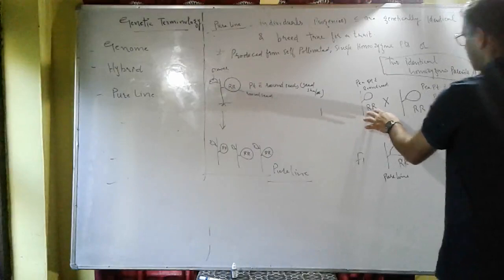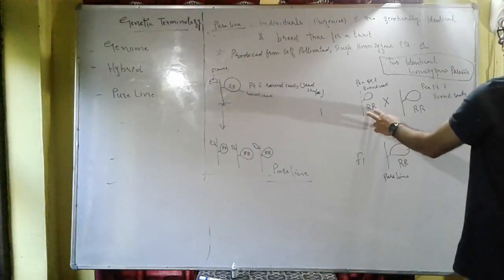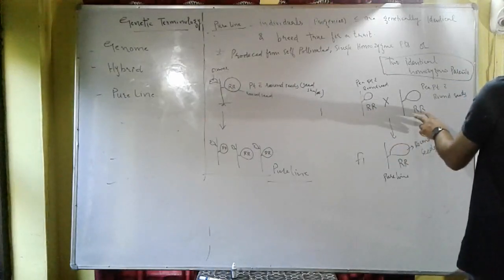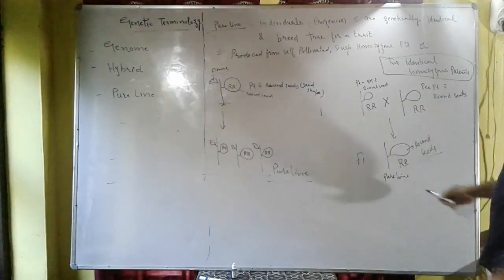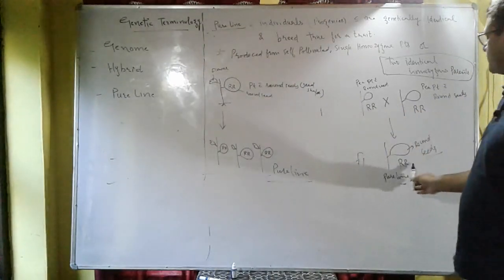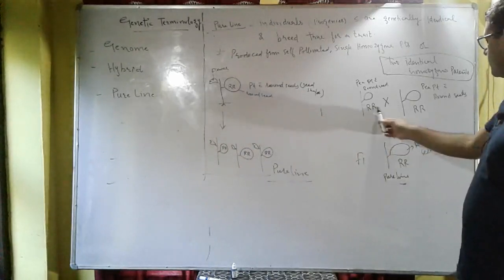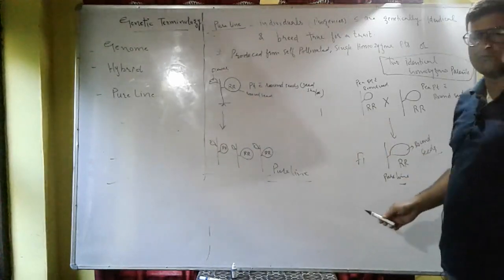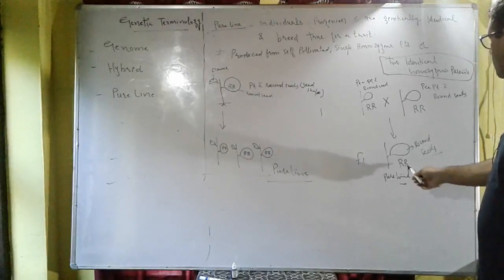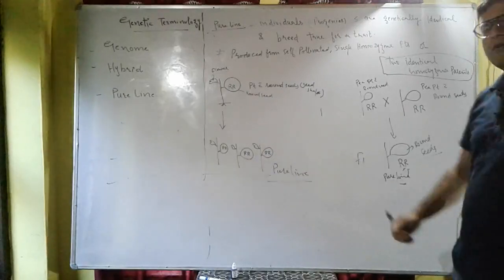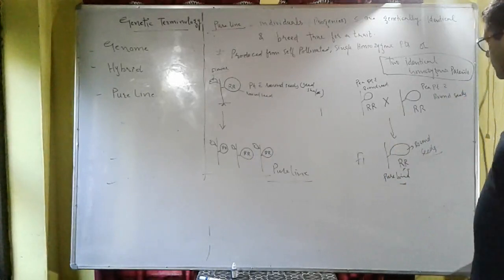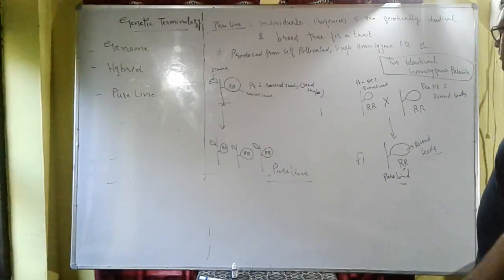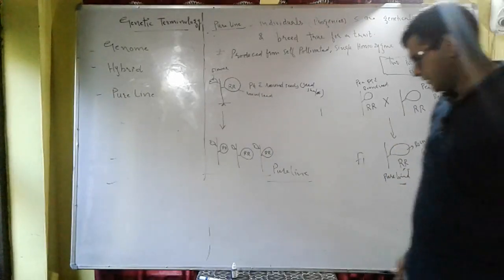One parent has this genotype, another parent has a homozygous genotype. Thus we get the offsprings or progenies which are identical to their parents, and they always breed true. That means this individual will produce round seeds generation after generation, in the F2 generation also. So this is what is called a pure line.